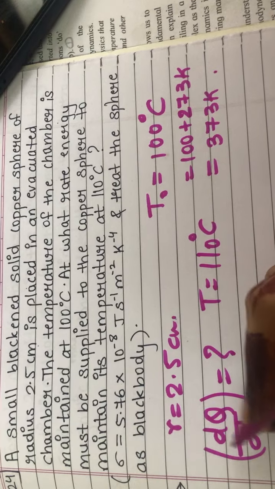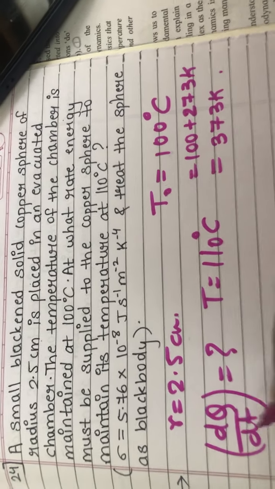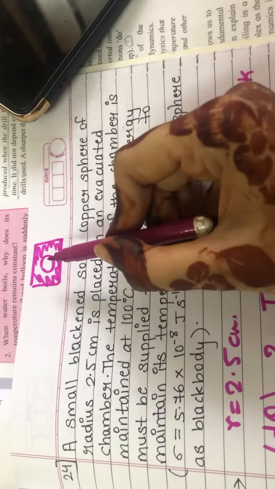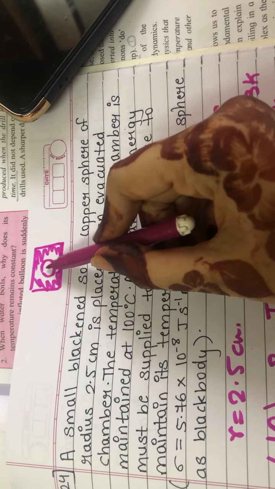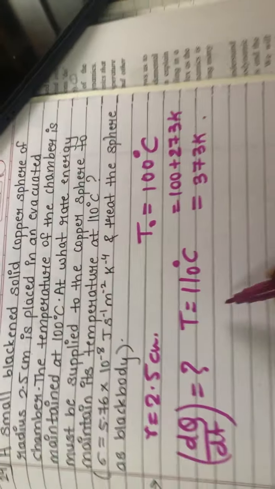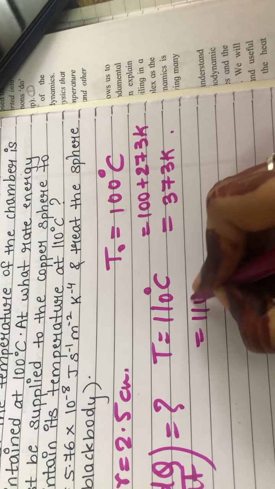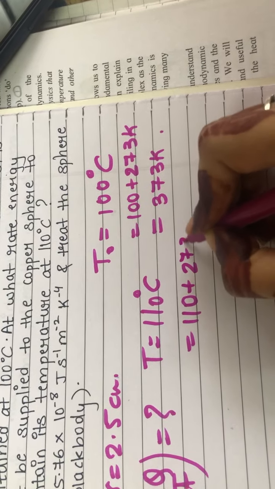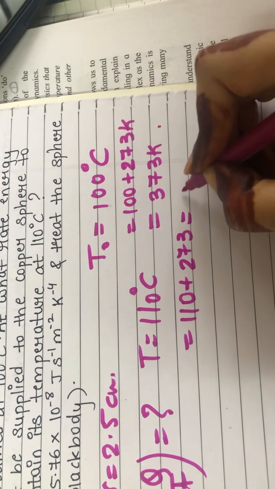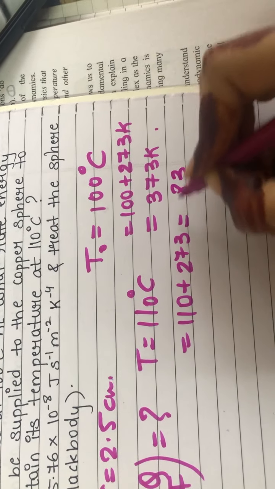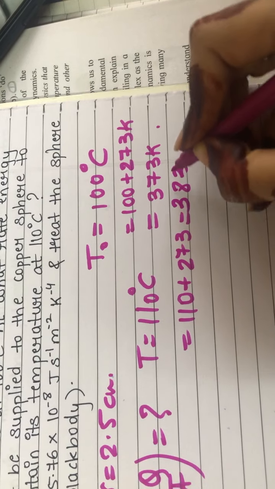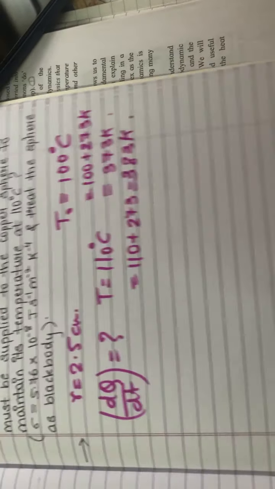So at what rate must heat be supplied to the sphere so that the temperature of the sphere comes to 110 degrees Celsius? If we convert it into Kelvin, it will be 110 plus 273 Kelvin, that is 383 Kelvin.